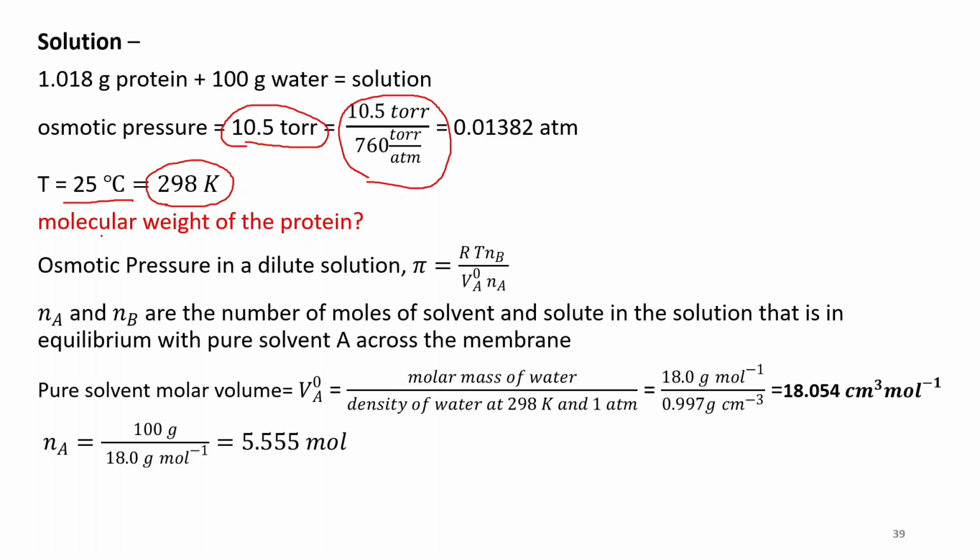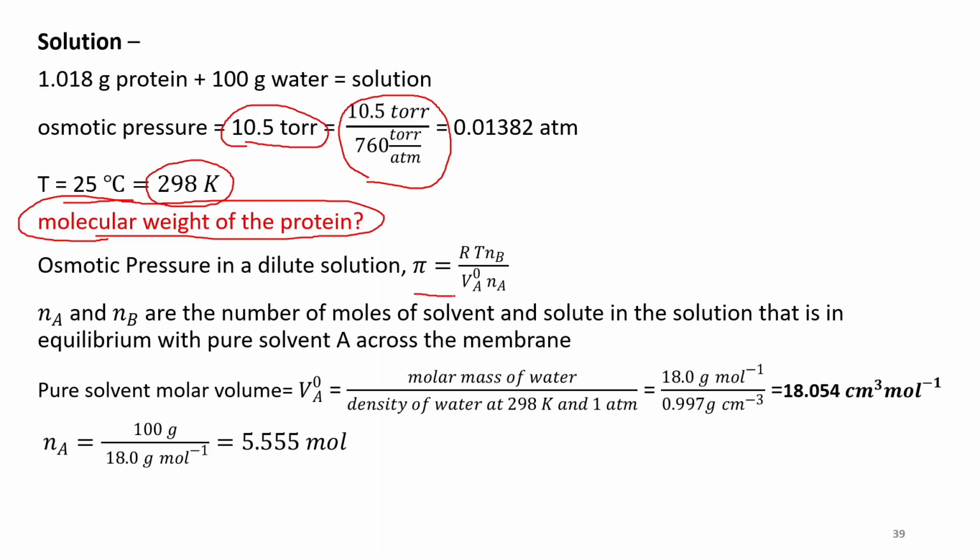Now we need to calculate the molecular weight of the protein with the help of the osmotic pressure. Since 1 gram of protein is in 100 gram of water, it is a very dilute solution, so we need to apply the formula of a dilute solution.